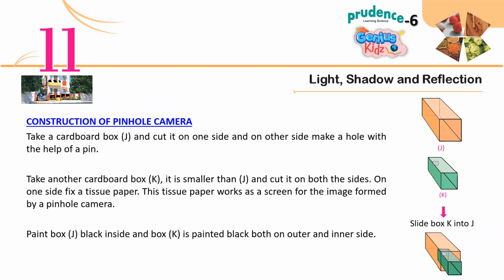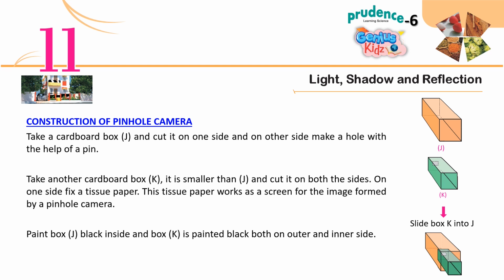Construction of pinhole camera. Take a cardboard box, J, and cut it on one side and on the other side make a hole with the help of a pin. Take another cardboard box, K, which is smaller than J, and cut it on both the sides. On one side fix a tissue paper.